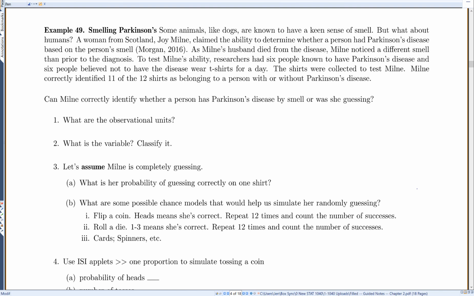So our research question here is, can she correctly identify whether a person has Parkinson's disease by smell, or was she just guessing? So what are the observational units? The units would be each t-shirt. And what is the variable?